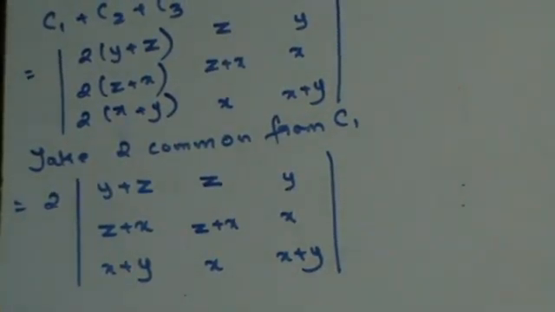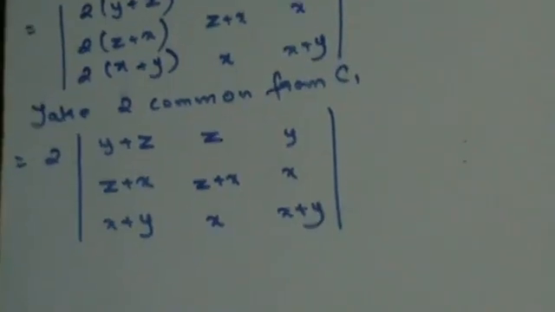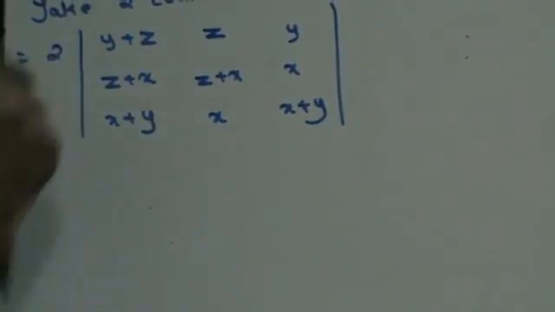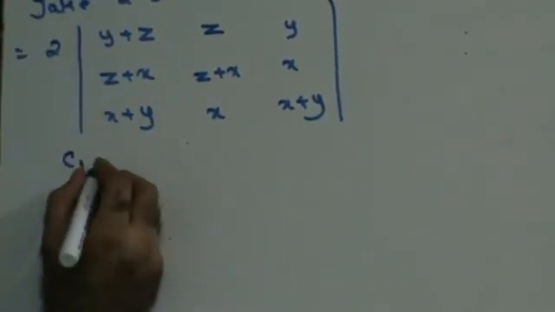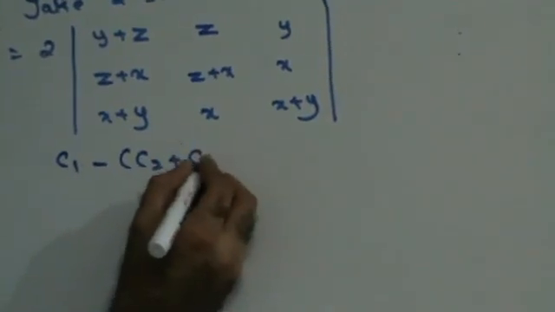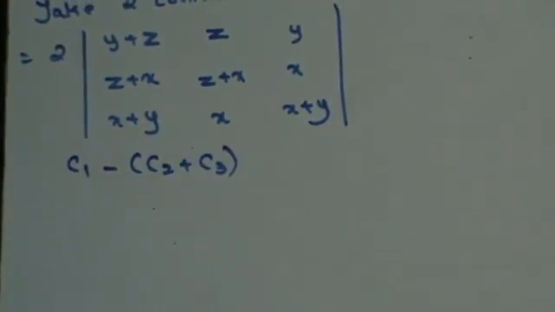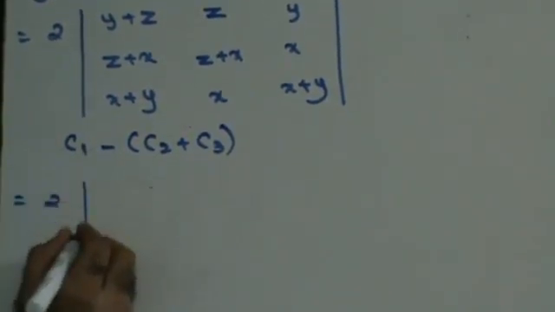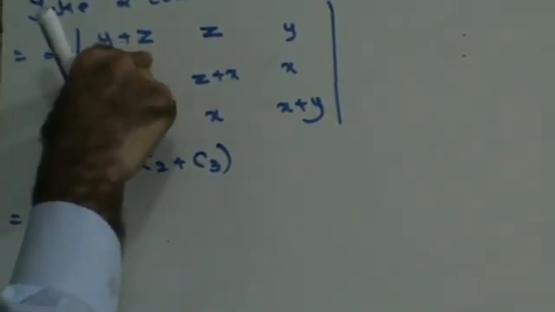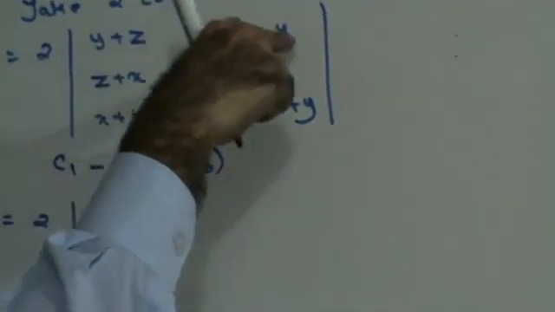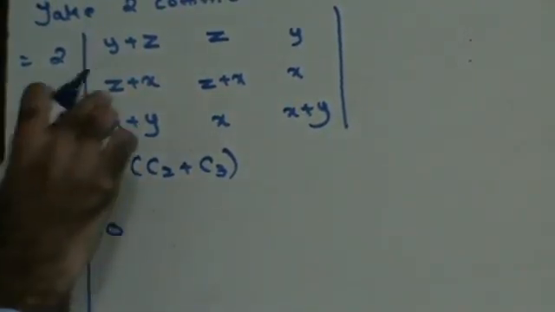Now, I need to try to get as many zeros as possible. I have a y plus z. If I have to get a 0 here, how will I get a 0? If I do C1 minus C2 minus C3, I'll get a 0. See how: this will be y plus z minus z minus y, that is 0.